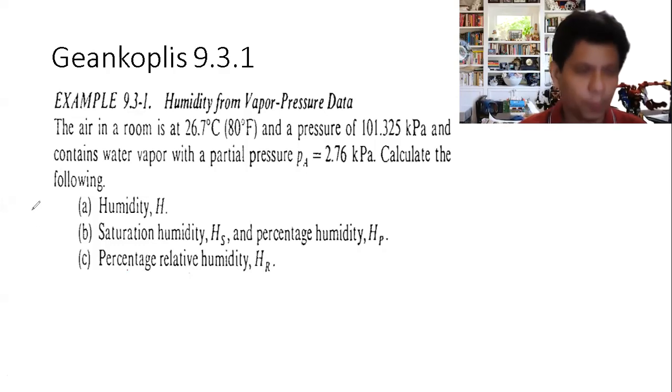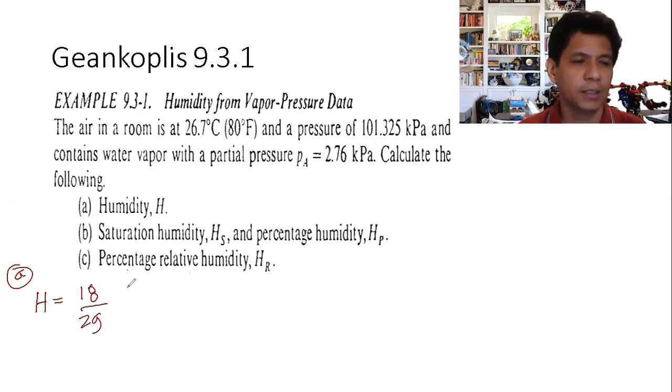Okay. So for humidity, I've already explained this. Solving letter A, humidity is simply equal to 18 divided by 29 times pH2O divided by P, that's the atmospheric pressure or the total pressure, minus pH2O.